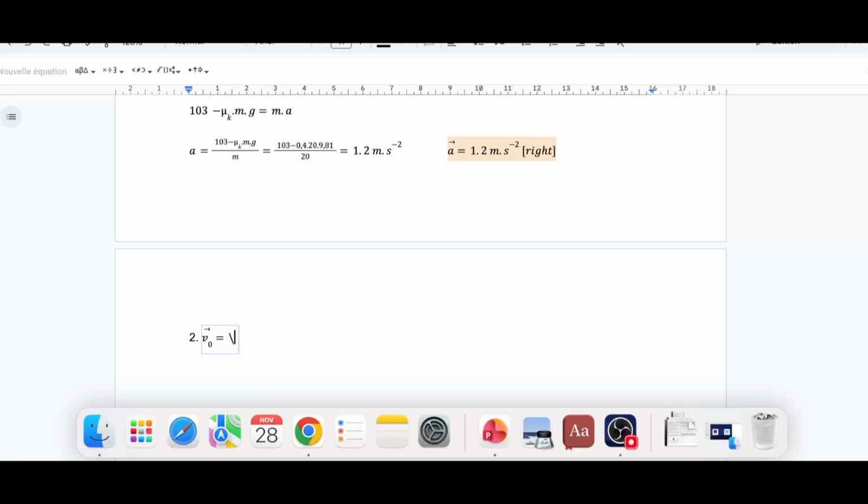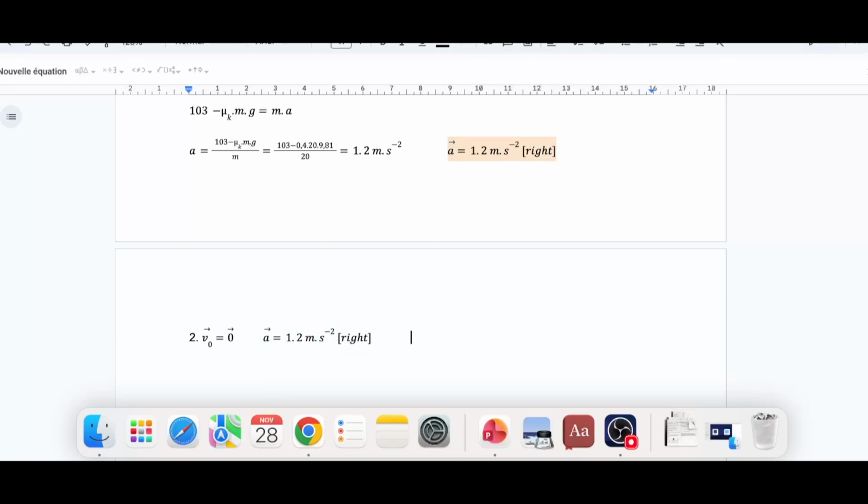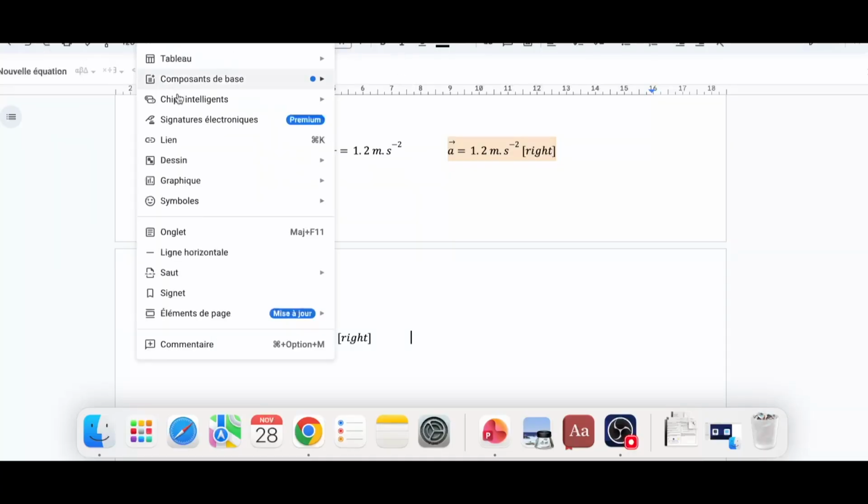We're going to write it as a vector. We also know that the acceleration is 1.2 meters per second squared to the right. What else do we know? We know that the duration of the calculation is 4.0 seconds.